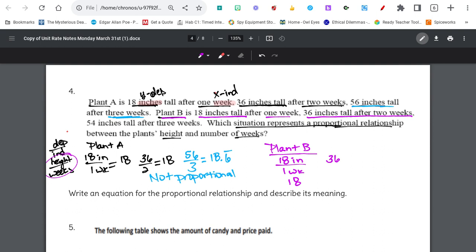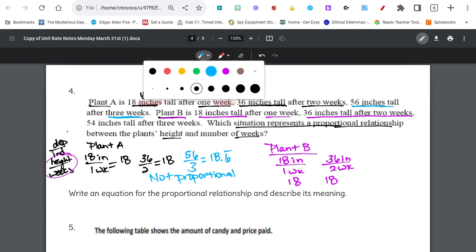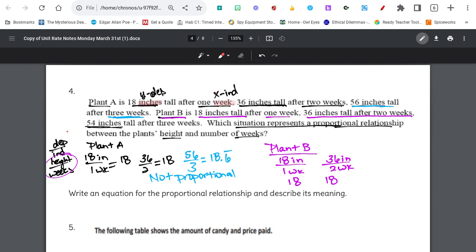So I'm going to do 36 inches divided by 2 weeks. That still gives me 18 inches per week. So far, so good. And then lastly, it's 54 inches tall after 3 weeks. Let's do 54 inches divided by 3 weeks. 54 divided by 3 is also 18.